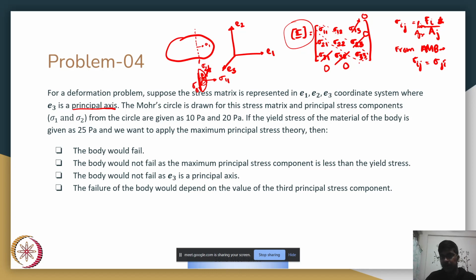We established that E3 is the principal axis, so sigma 3 3 can be non-zero, but these two are necessarily 0, and since this matrix is symmetric from angular momentum balance, sigma 3 1 and sigma 3 2 must be 0. With this in mind, our matrix essentially becomes sigma 1 1, sigma 2 1, 0, sigma 1 2, sigma 2 2, 0, 0, 0, sigma 3 3. Next thing we are told is a Mohr circle is drawn. So a Mohr circle is drawn for this particular state of stress.